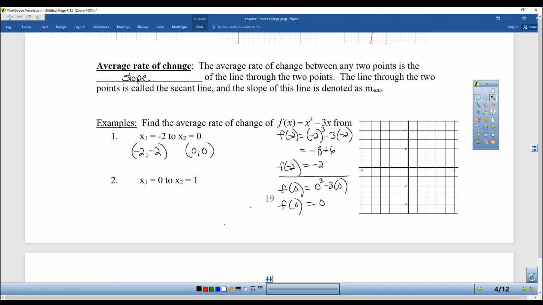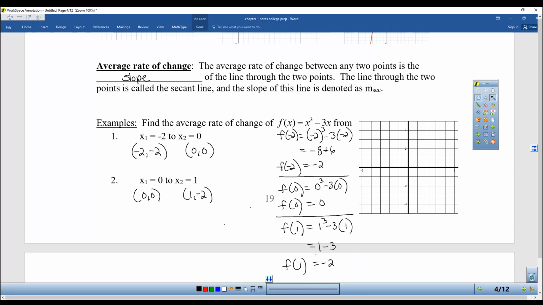F of 0 is 0. Let's find this last one that they want. So now we know it's 0, 0, and 1 comma something. F of 1 is 1 cubed minus 3 times 1. So 1 minus 3 is negative 2. F of 1 is negative 2.